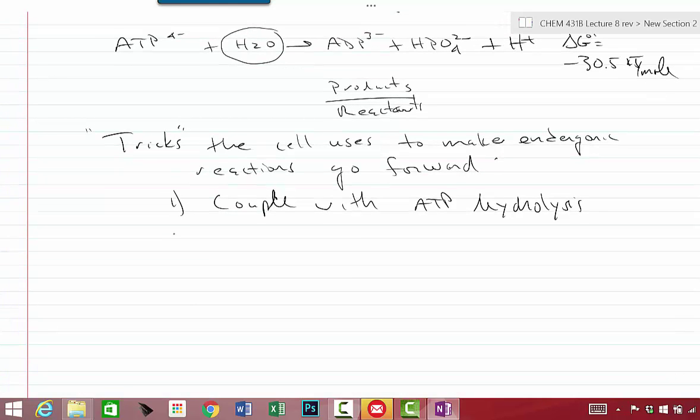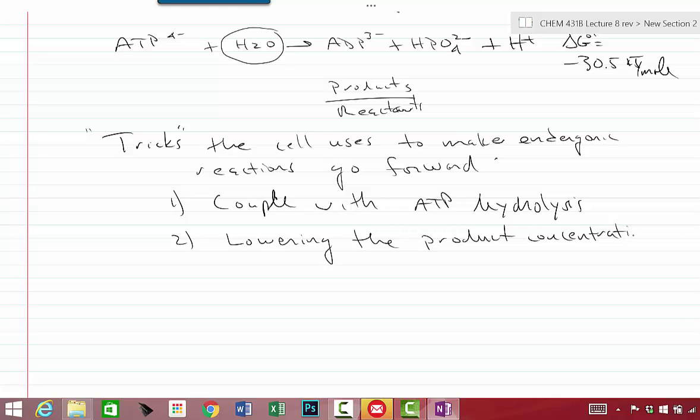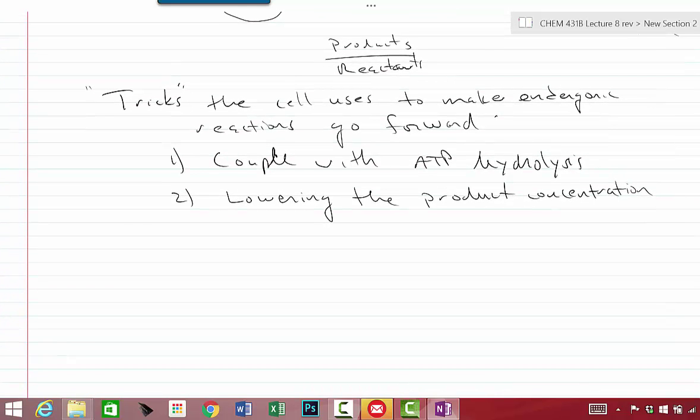The second trick is what I call lowering the product concentration. And you might think, well, why does that help?